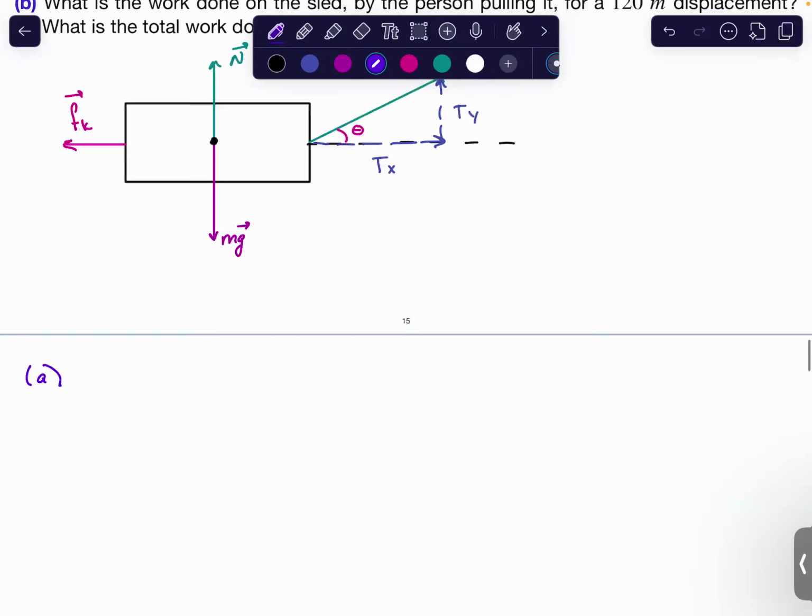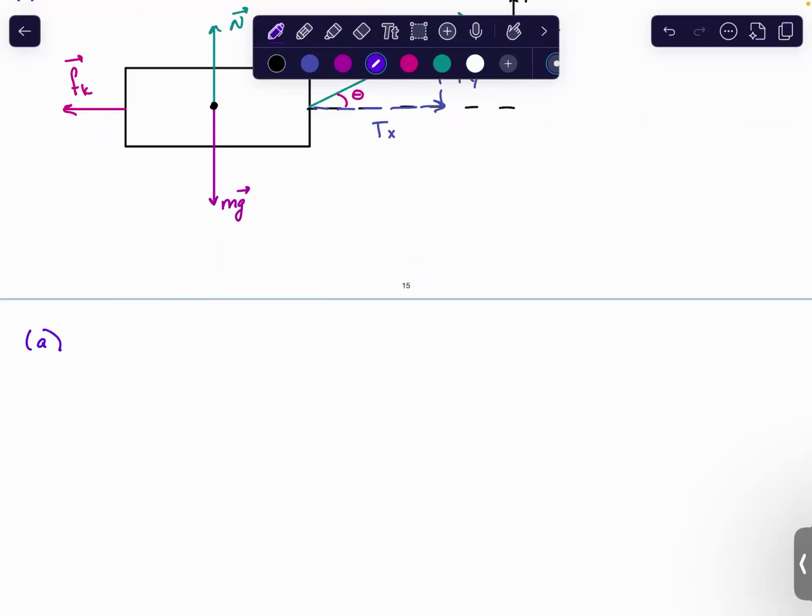Okay, so let's just start with the forces in the x direction, all right? That's going to give us the x component of tension plus the friction force equals 0. Why did I label this as an equilibrium system?